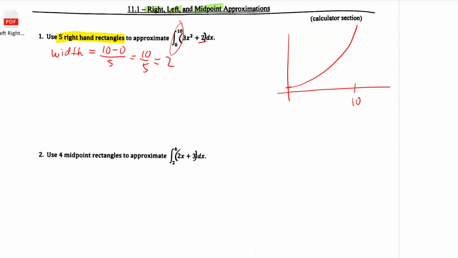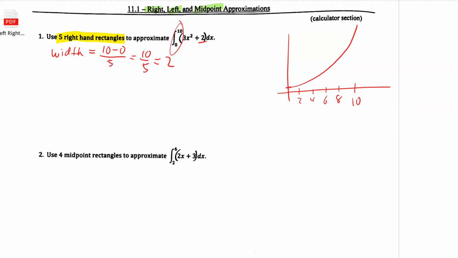So if that was 10 over there and we went 2, 4, 6, 8, 10, now we have our intervals fairly well laid out. What I'd like to do is switch colors here. We'll go with some green. When they say right rectangles, let me show you what that means.